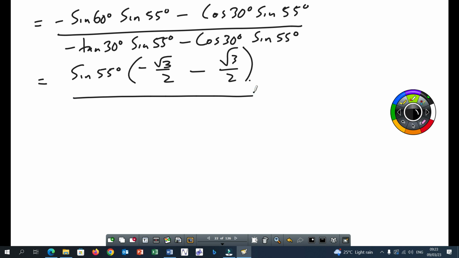I took out a common factor, then I use special angles. Minus tan 30, that should be square root of 3. Sine 30, that's a half divided by square root of 3 over 2, so that will be fine. So we end up getting sine 55 times minus square root of 3, then that will be minus square root of 3 over 2.